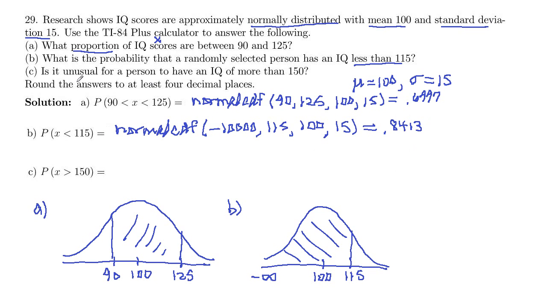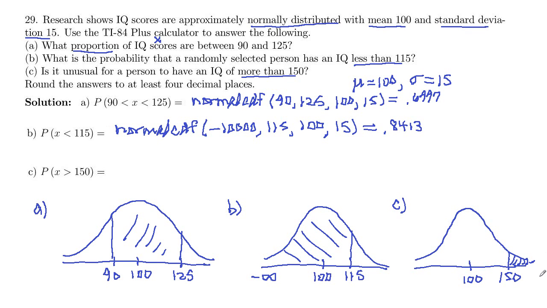And then lastly, is it unusual for a person to have an IQ of more than 150? So we need to find the probability that X is greater than 150. So that is going to look like this. Got our bell-shaped curve. IQ 100 is in the middle. That's our mean. 150 over here on the right. And we want a proportion greater than 150.